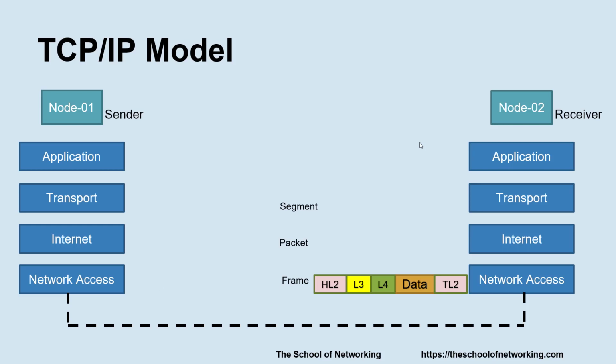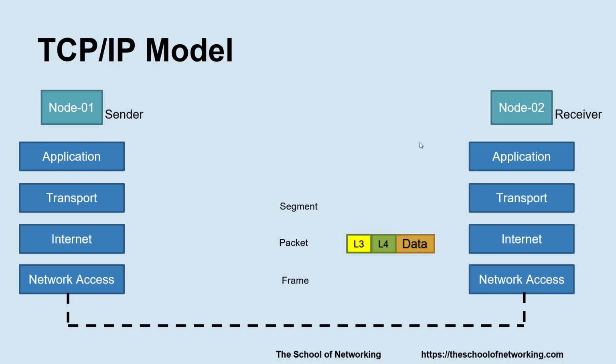At the receiving side, again the frame is formed. It checks the integrity in the trailer and checks whether the destination MAC address is the MAC address of node 2. If both conditions pass, it removes the layer 2 header and sends it to the internet layer. At the internet layer, it checks that the destination IP is node 2's IP and checks the integrity of the header.